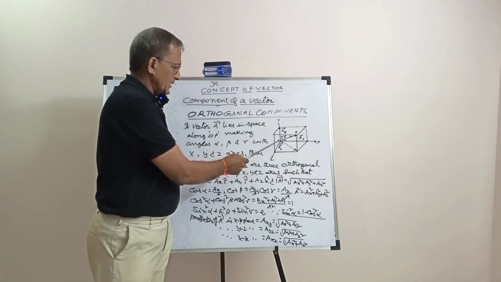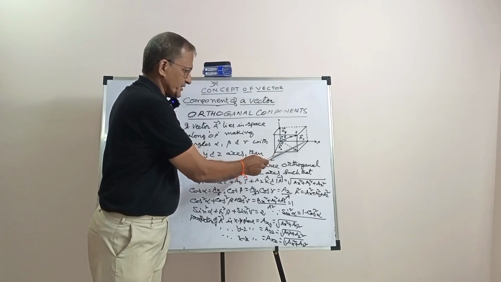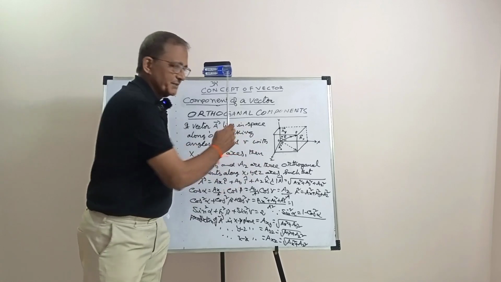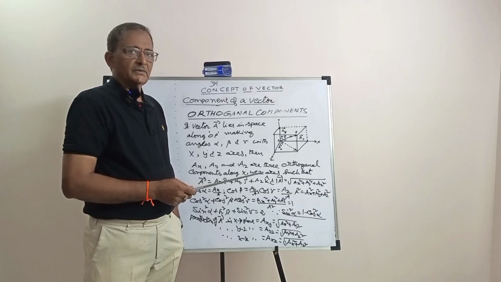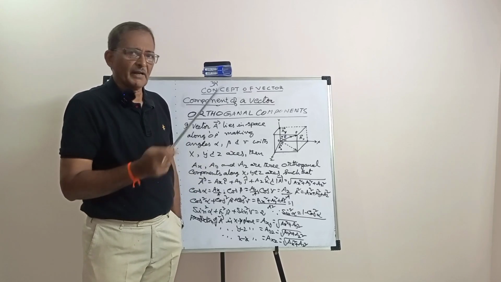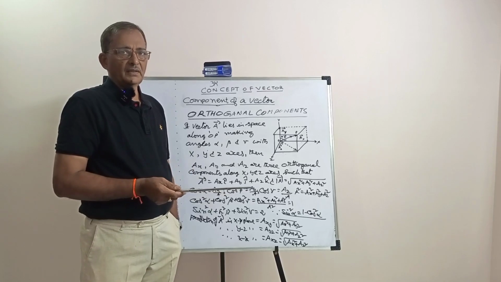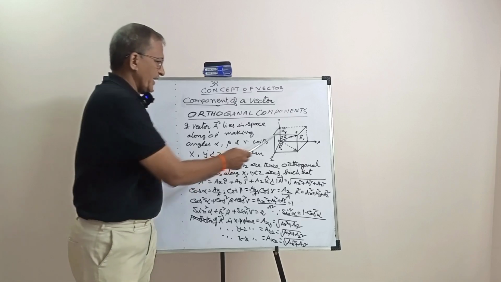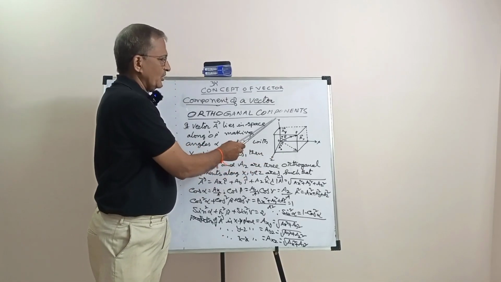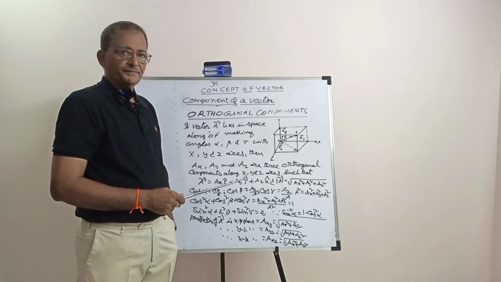If the vector lies in space, like along OP with respect to a coordinate system like this, it can be resolved into three mutually perpendicular components, which are also called orthogonal components. One along the x-axis, another along the y-axis, and another along the z-axis.